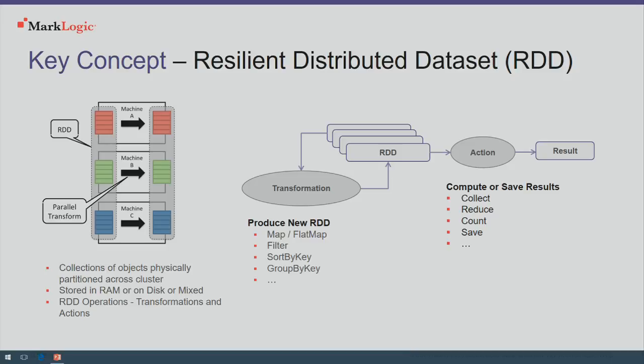The RDD operations can be classified into two categories: one is transformation and the other is action. When you apply a transformation to a Spark RDD, essentially you are doing a one-to-one mapping of the objects, a one-to-n mapping of objects, or filtering, grouping, or sorting. Any transformation you apply on a Spark RDD effectively creates a new RDD.